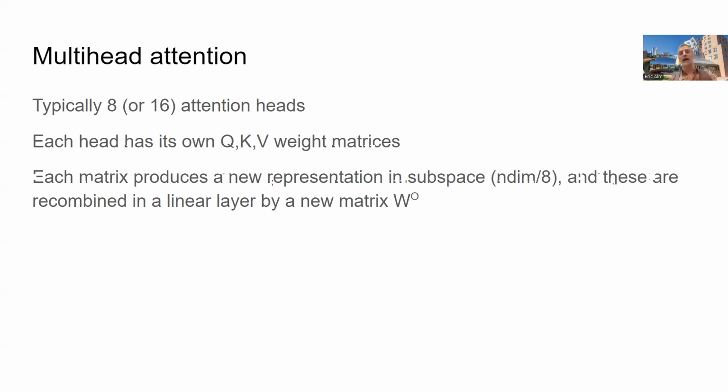In general, the dimensionality that comes out of those weight matrices tends to be smaller, and then we just take all of the outputs from those different attention heads and concatenate them together to make a new vector.